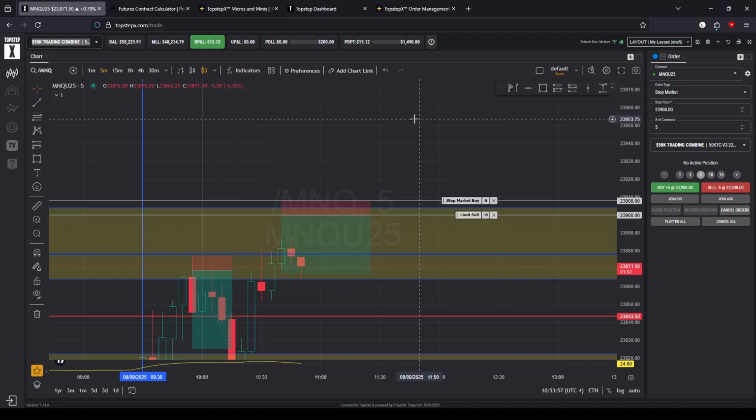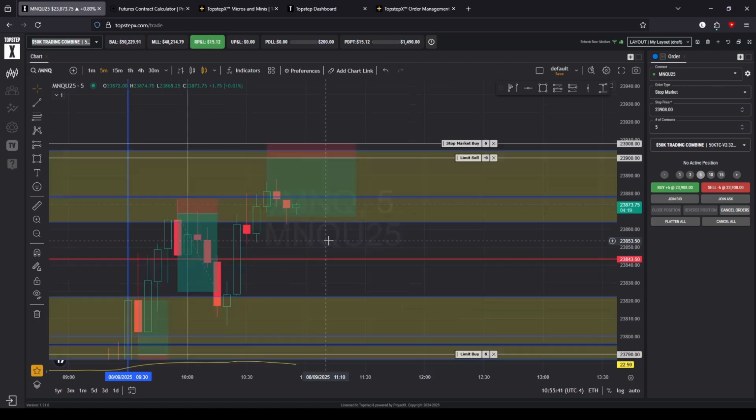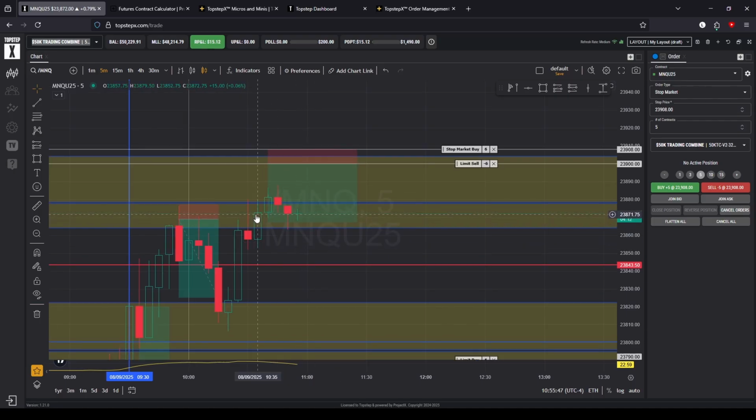I'm not just going to put it at 1-to-1, because price could go halfway to it and then reject and stop me out. I want to always have a reason for why I place my stop loss and take profit in their locations. To be honest, this could have been an opportunity to take a long here, and this was around the time where I entered. I think it was on this candle here.